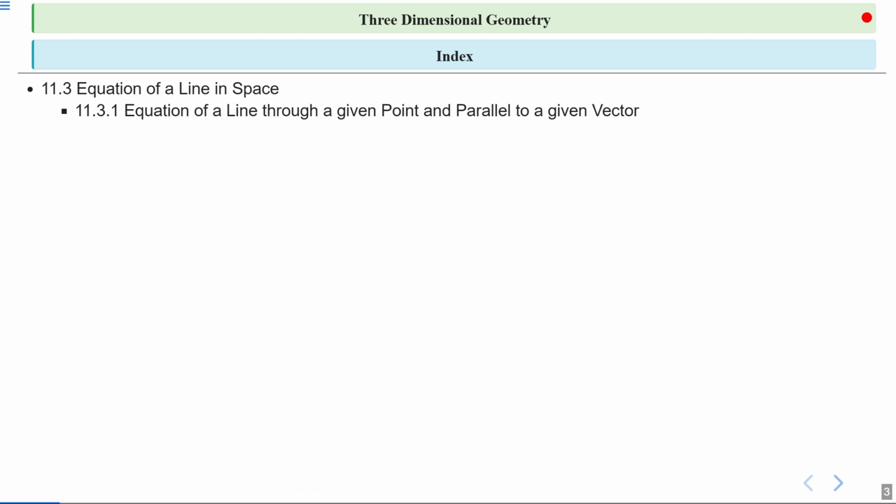So first we will study the equation of a line in space. There we will learn the equation of a line through a given point and parallel to a given vector.